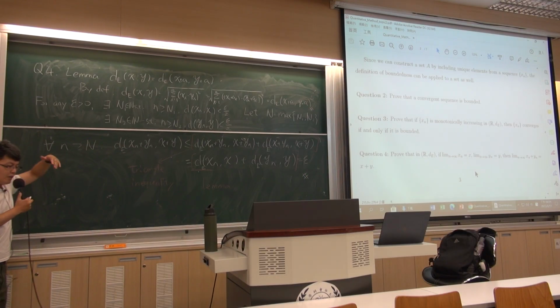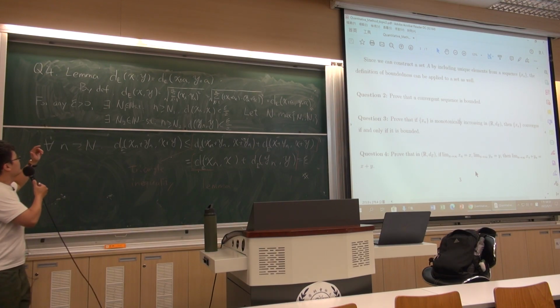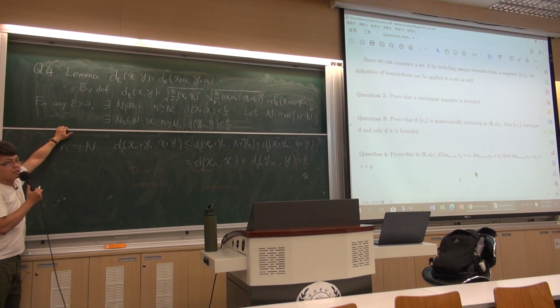Okay, then following the definition of convergence, we pick any epsilon larger than 0.